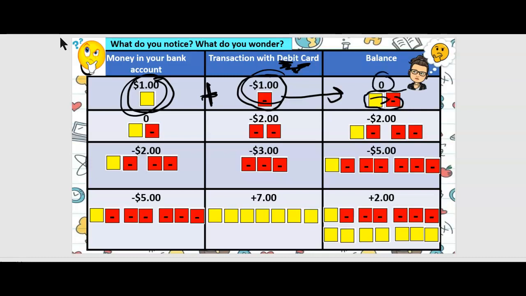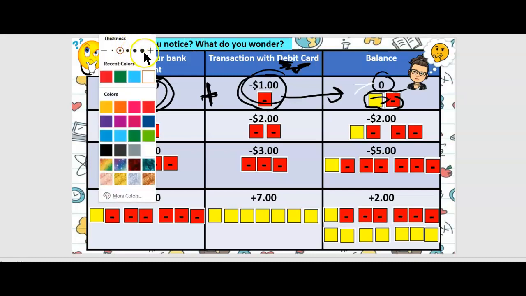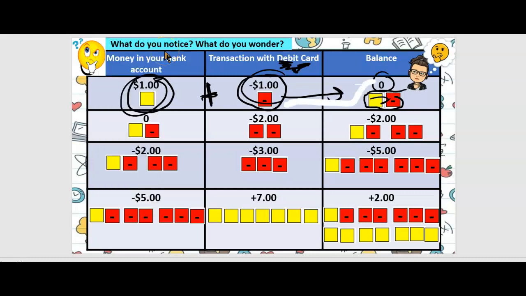Now you have 0. Now this is going to carry over to the next day. See this 0? This 0 is going to carry over. This is what you have in your bank account the next day or the next moment, which is 0.